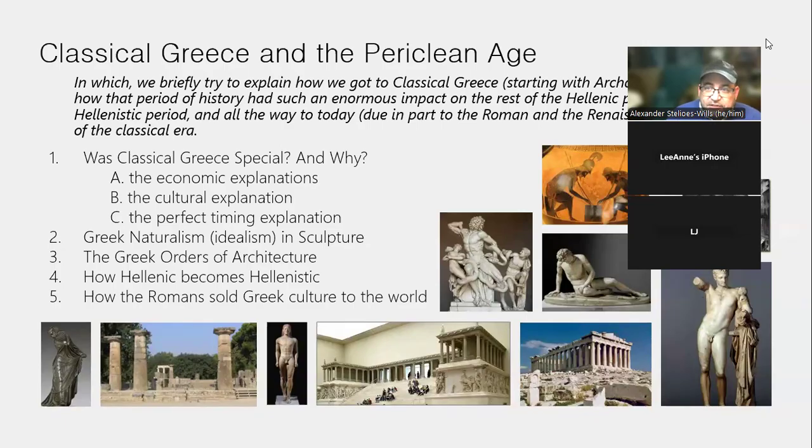It was a series of wars, a series of events, but the end result was that many of the city-states were significantly weaker, but Greece as a whole was stronger.